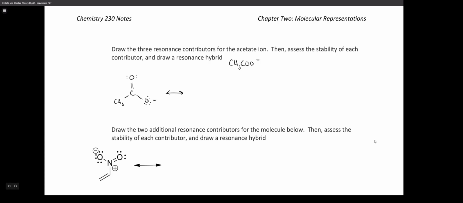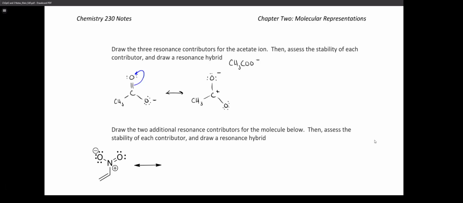So if I want 3 total, I'll do the exact same thing as I did last time. I'll move those electrons up. And sorry, I don't really like to draw my circles around the charges.